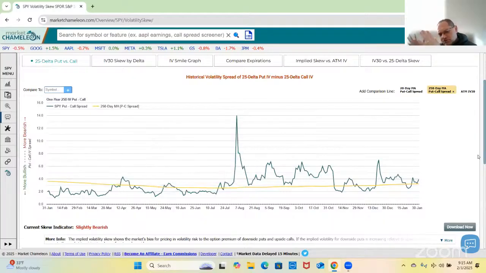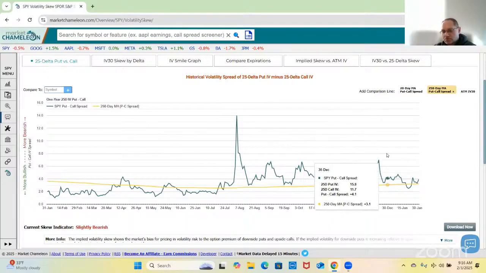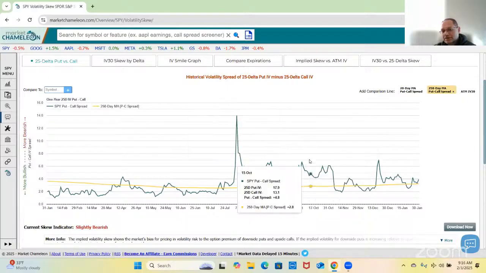So even though the skew looks like it's now skewed more to the put than that average, it's not anywhere close yet to where we've seen it get as high as up here.